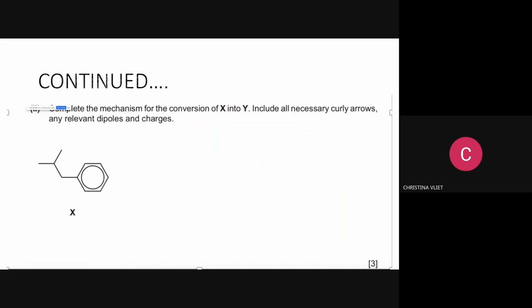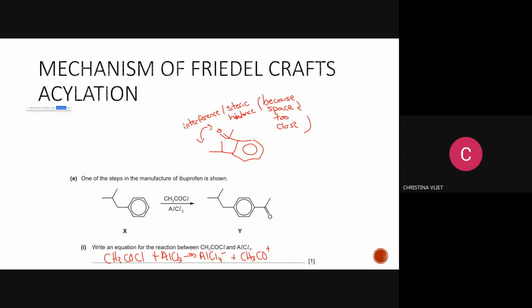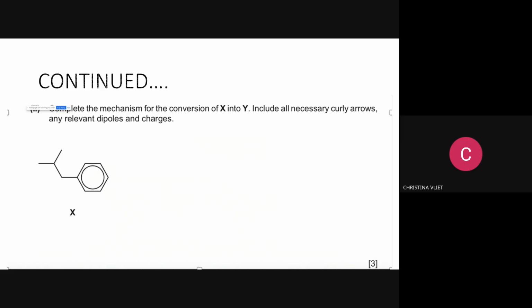Okay, so let's do this mechanism one more time on the next slide. Same mechanism, just different electrophile. It's always the same mechanism if it's electrophilic substitution. Our electrophile here is CH3CO plus, right? Imagine this is 3 marks.